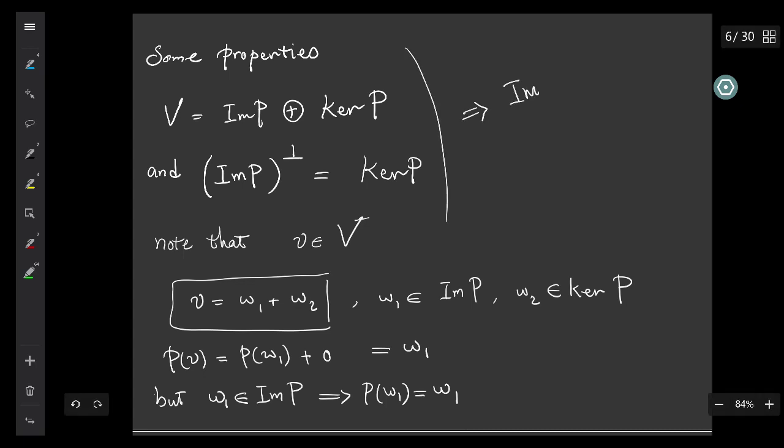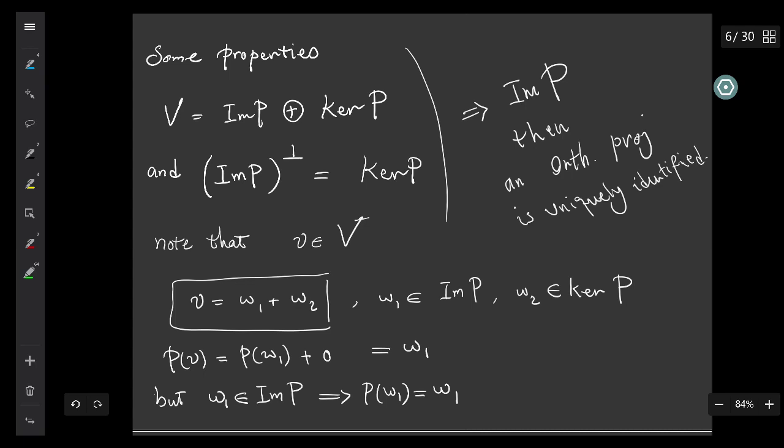image of P, then an orthogonal projection is uniquely identified. I mean, knowing the image, then we know from this property the kernel of P as well.